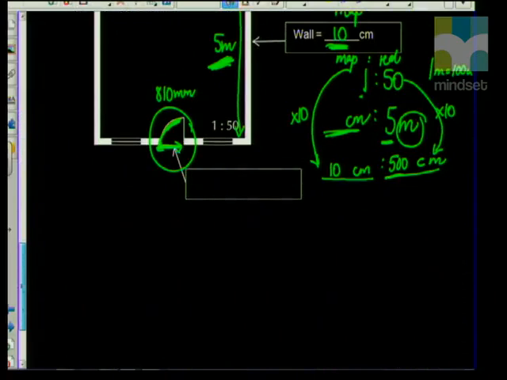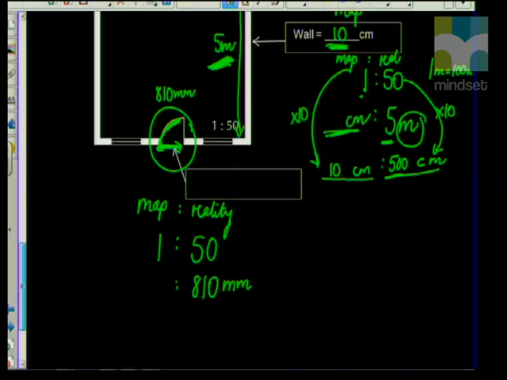And this is in real life. I'm now looking to see how much it would be on my map. So again, I would then draw my 1:50. This is my scale. And again, this is on my map. And this is reality. And I know that this is 810 millimeters.